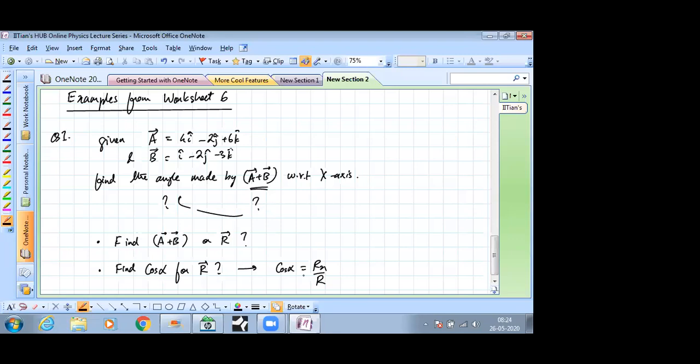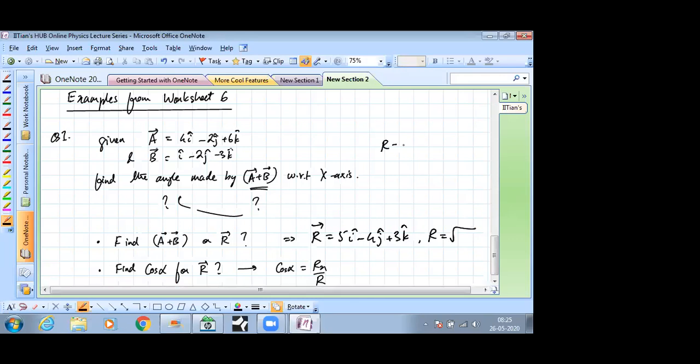Okay, people, done. Yeah, very good. So you can see here, how much is the resultant becoming? 4 plus 1, 5 i cap, minus 2, so that's minus 4 j cap. And 6 minus 3, so that is 3 k cap. So this is the resultant, and its magnitude will become how much?